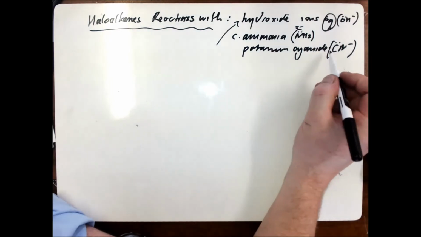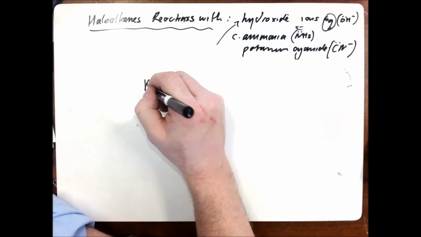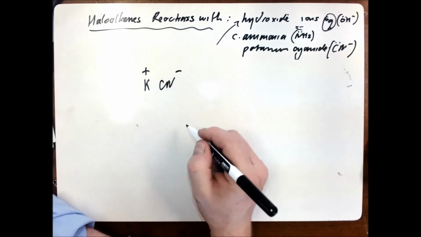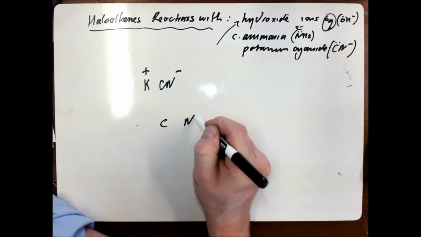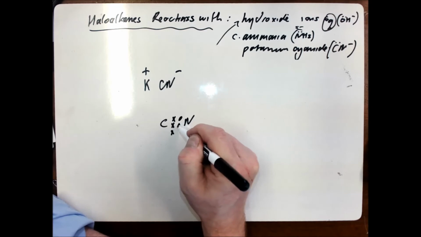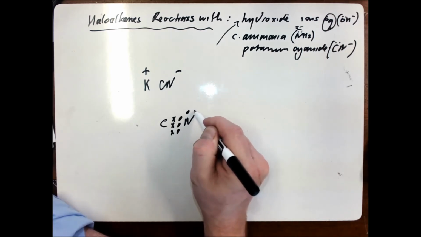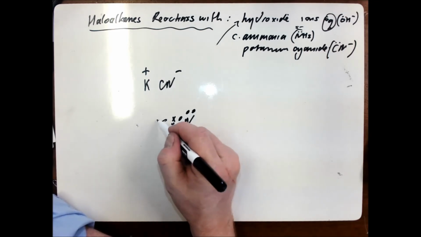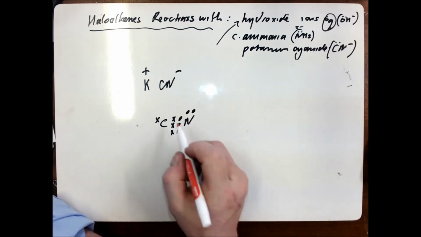Right, I'm just going to do the dot cross diagram of a cyanide ion, which they frequently ask. So this has come from potassium cyanide, which is ionic, so that's the charges, which means the potassium has lost an electron. So if we draw this, we have a triple bond here. Now the nitrogen had 5 electrons to begin with, so it's got 3 left over. The carbon had 4 electrons to begin with, so it's 1 left over here, and people then struggle to find where the 8th electron comes from.